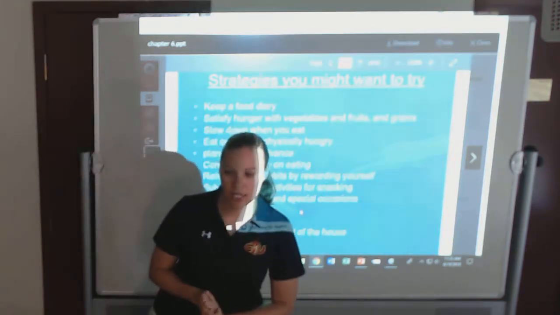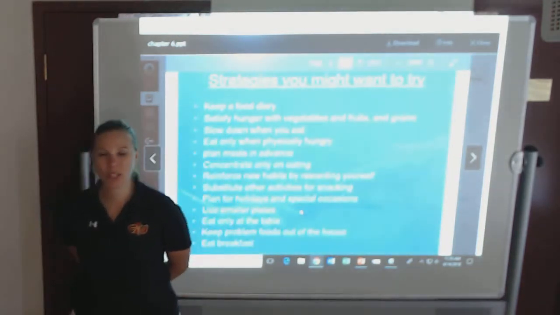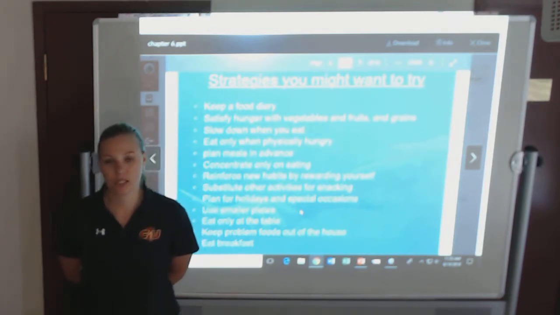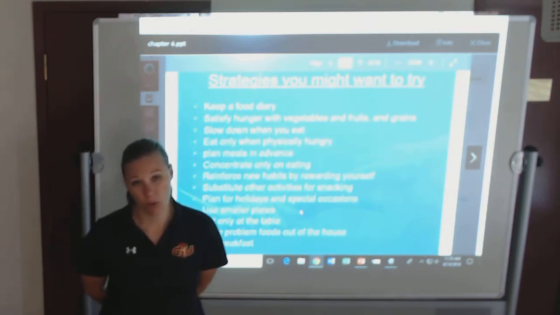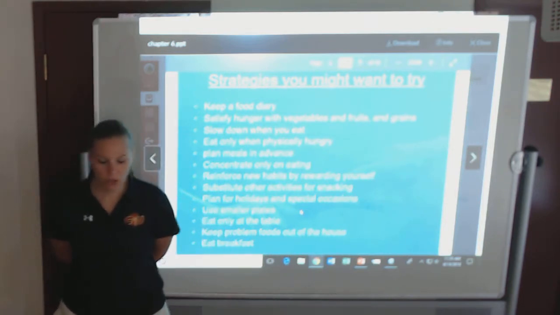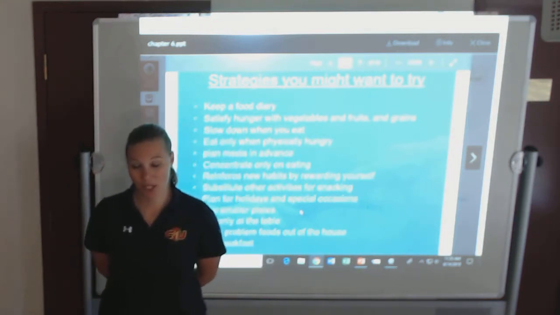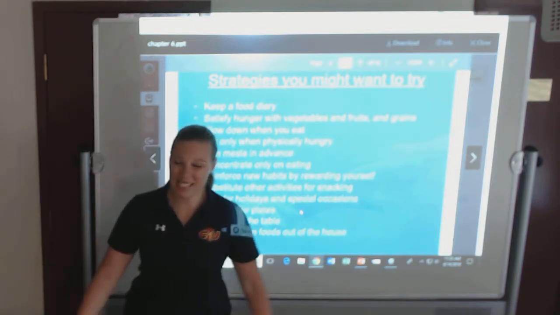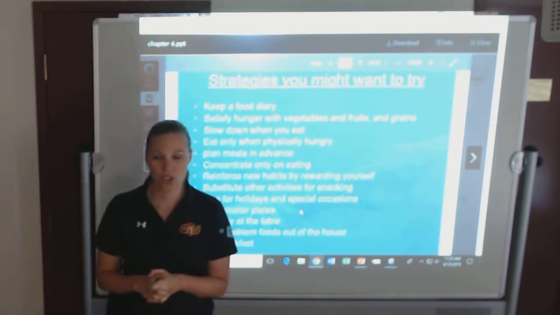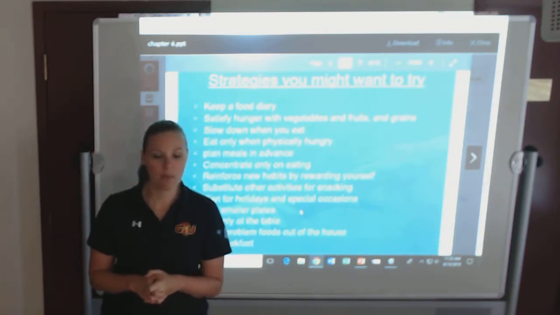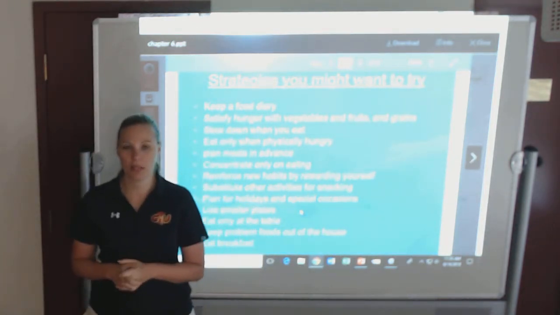So some of the strategies, again, keep that food diary. Satisfy hunger by drinking water. Vegetables and fruits are also good ways to curb your hunger rather than getting out the bag of chips or the bag of popcorn. Another effective way that I've seen is, if you're tired of drinking water all the time and you need some extra zest in it, take those infusion pitchers where you can put limes or lemons or something zesty like that, and then just sprinkle a little bit of Splenda in there.